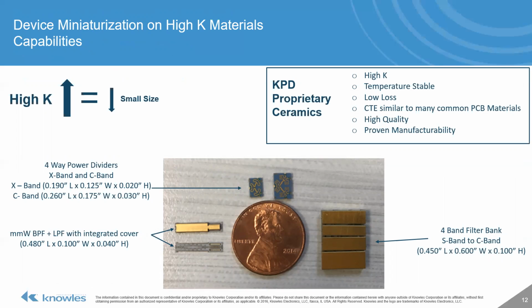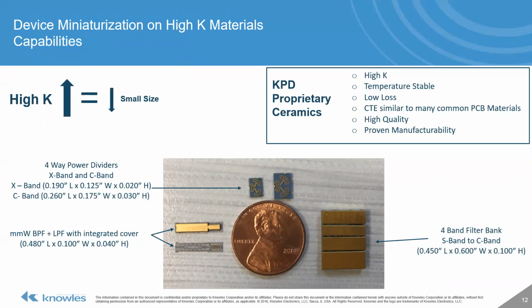So in addition to all the simulated examples, here are some real-life components that we built for customers. On the top, you see there are 2 4-way power dividers at X-band and C-band. And those are built on our CF material, which has a K of roughly 25. Next, you have a bandpass filter integrated with a low pass.